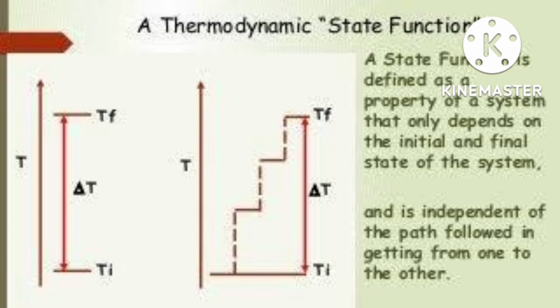In this case also it is TB minus TA. In the beginning it was TA, later on it became TB. In this case also we find that the change in temperature is the same as in the earlier case, the first way I told you.